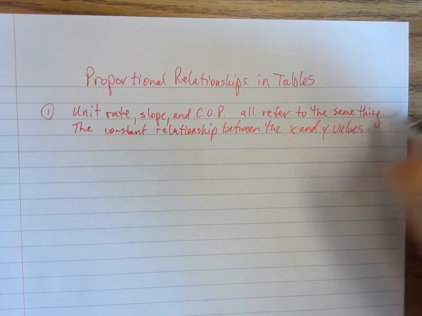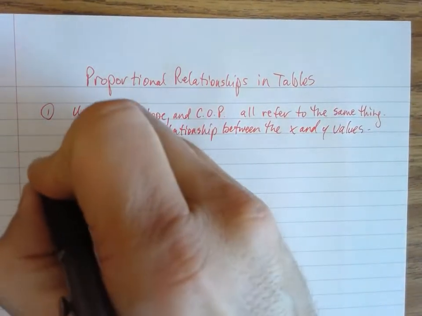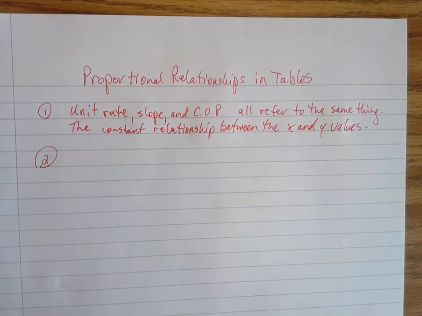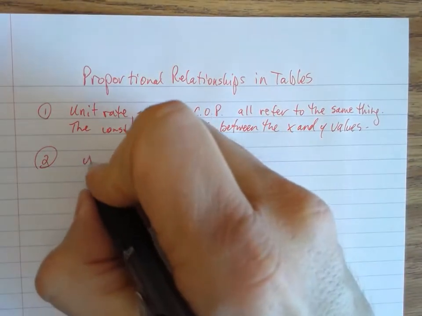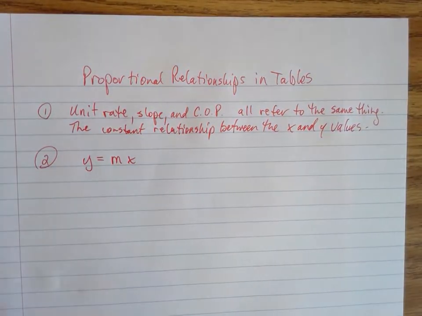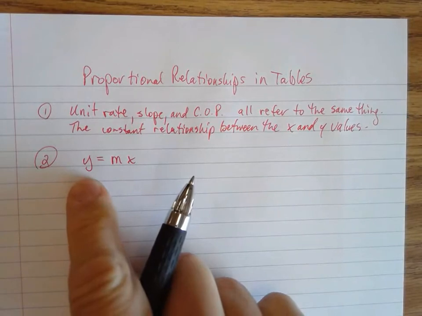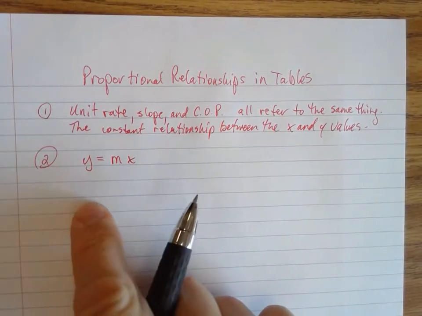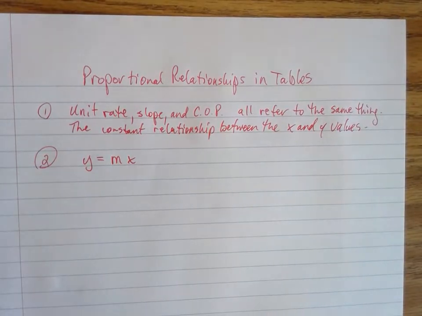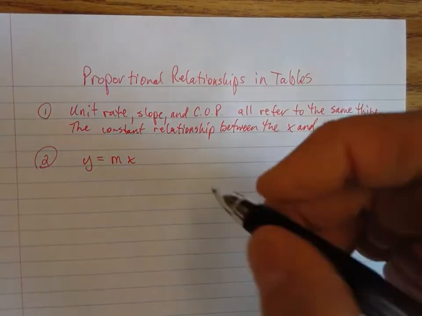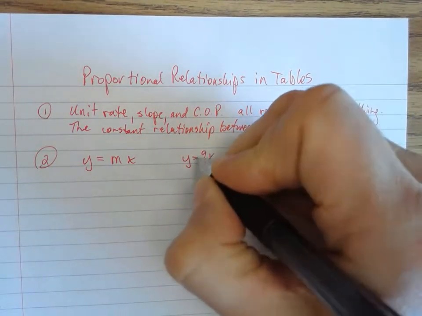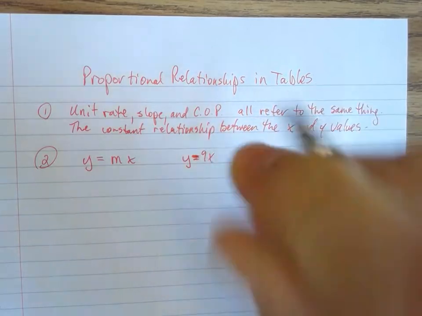And we also talked about the fact that when you write the equation for these, I had a lot of people put these in wrong. You have to put it in y equals mx form. The y should be lowercase. The y should come first. When you type it in, don't type it in with any spaces. Just type it in just like this. If you're going to write y equals 9x, then you type it in just like that.